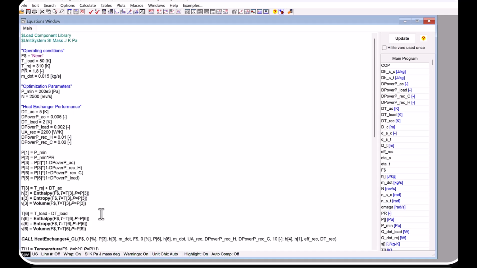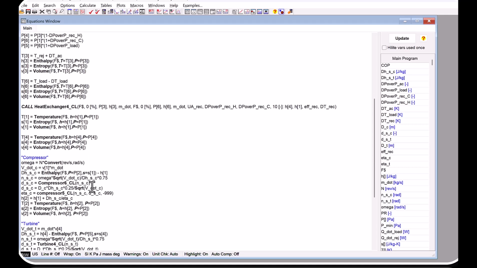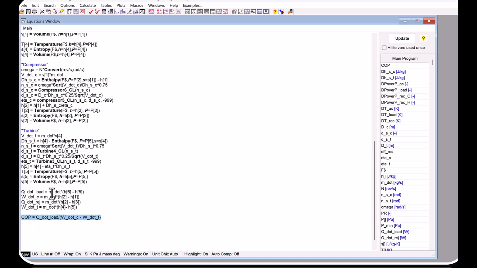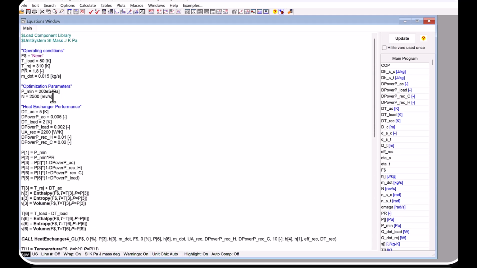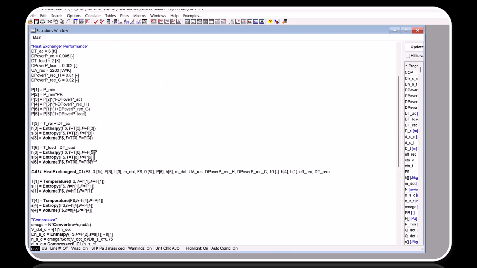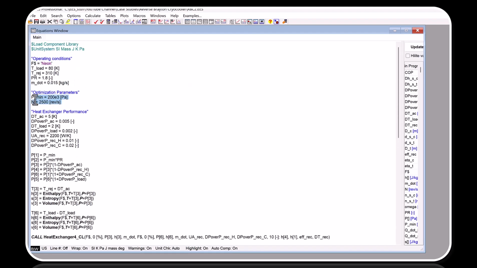Alright, so that's the model, and then the next thing I'd like to do is manipulate the model to do some optimization. Specifically, let's maximize the COP by varying these parameters, keeping in mind that I would like my turbo machines to be as big as possible, because those are the kinds of turbo machines that are easier to make. Because this is a two-dimensional optimization, we have two parameters.